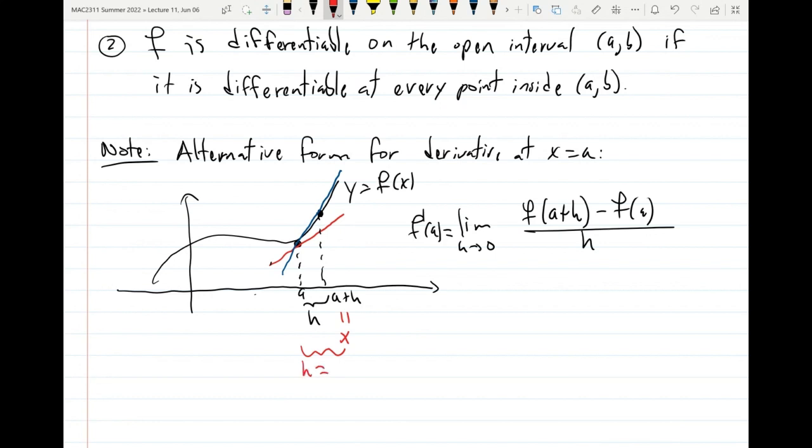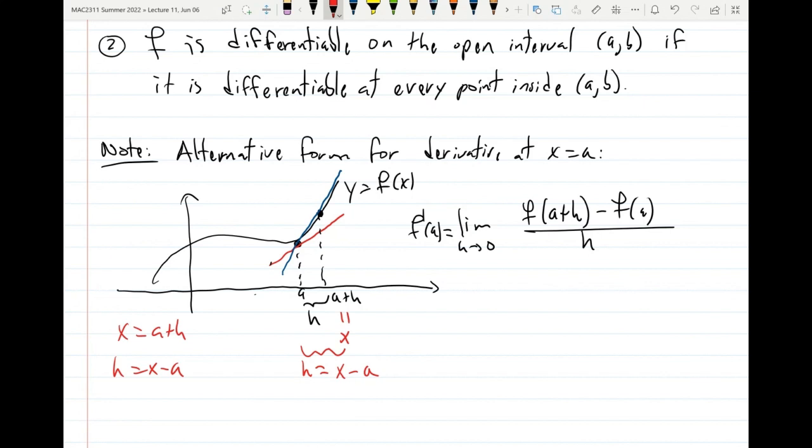Then h would be replaced by x minus a. Do you understand this? If this point is x, this distance here, now h, this one minus a. Yes? That's a little piece. And remember, h represents this piece over here. And if you want, you have that x equals a plus h, so h is x minus a. Just move the a over.